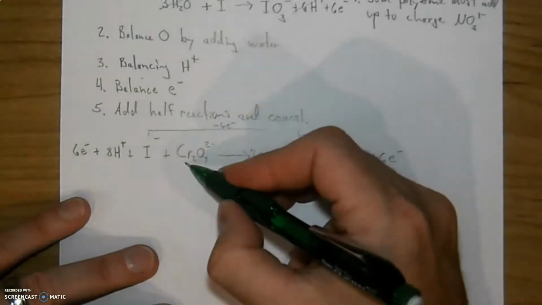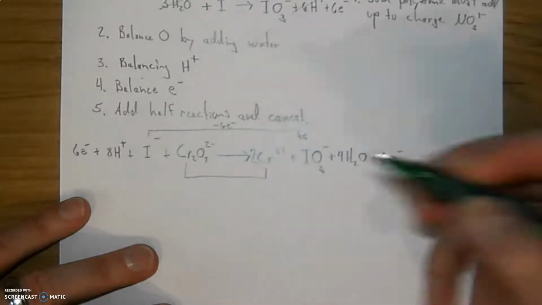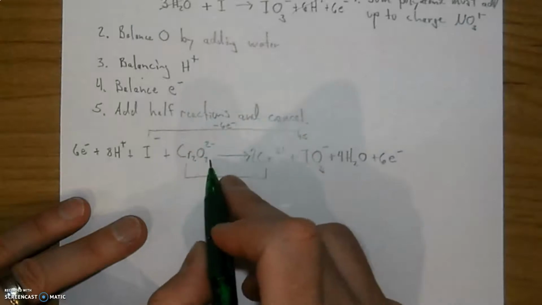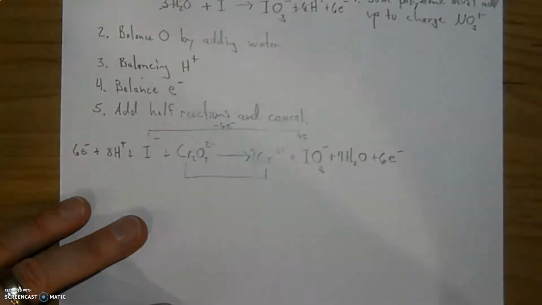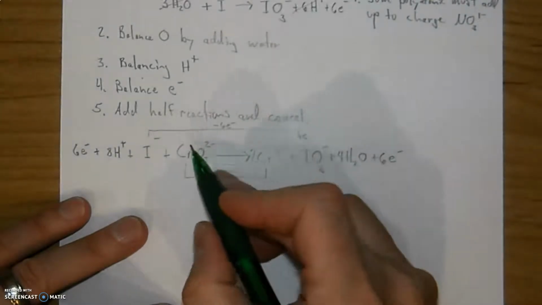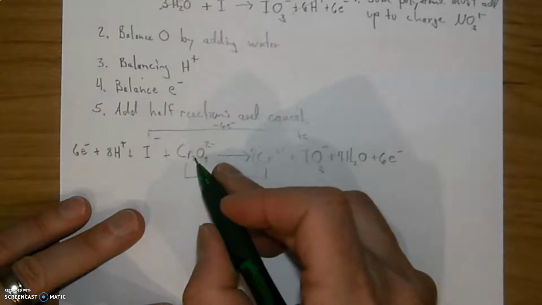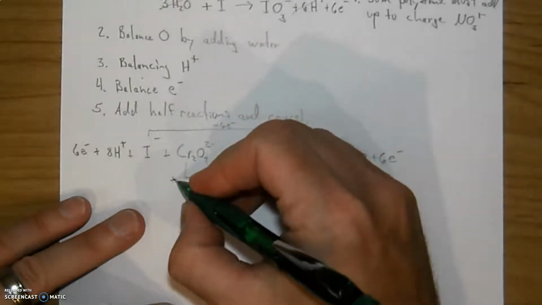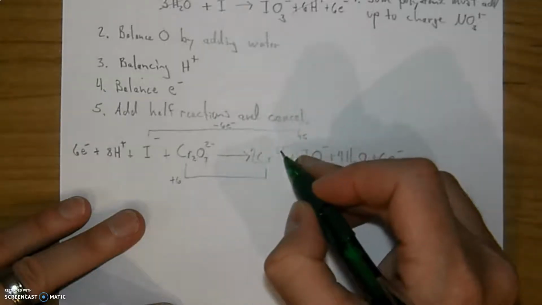And then when I look at dichromate, or chromium in particular, going from this stage here, so this is -14. So -14 to -2 means it has to be +12. But +12, and there's 2 of them, so therefore it's +6 each. And these are +3 each.